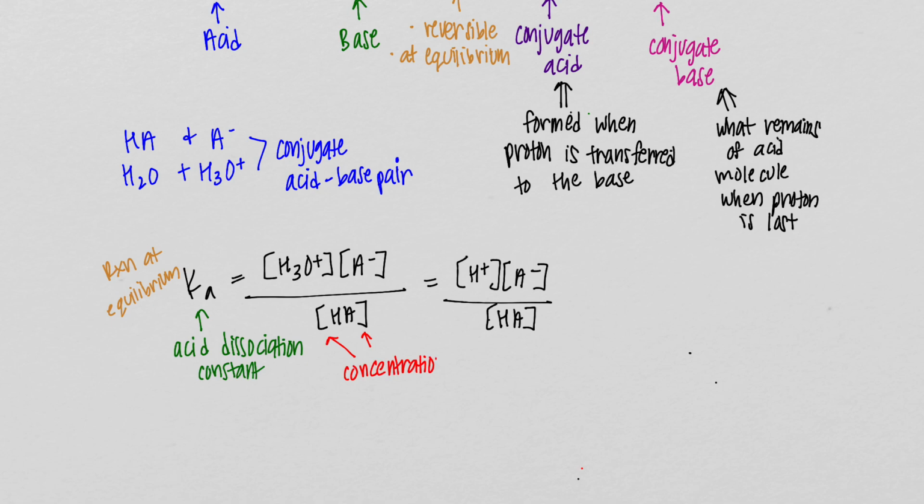So this is just showing that the concentrations of these acids and bases are at equilibrium. And here we have H plus. We can get rid of the H3O plus because in water we can assume that our concentration of water stays the same.